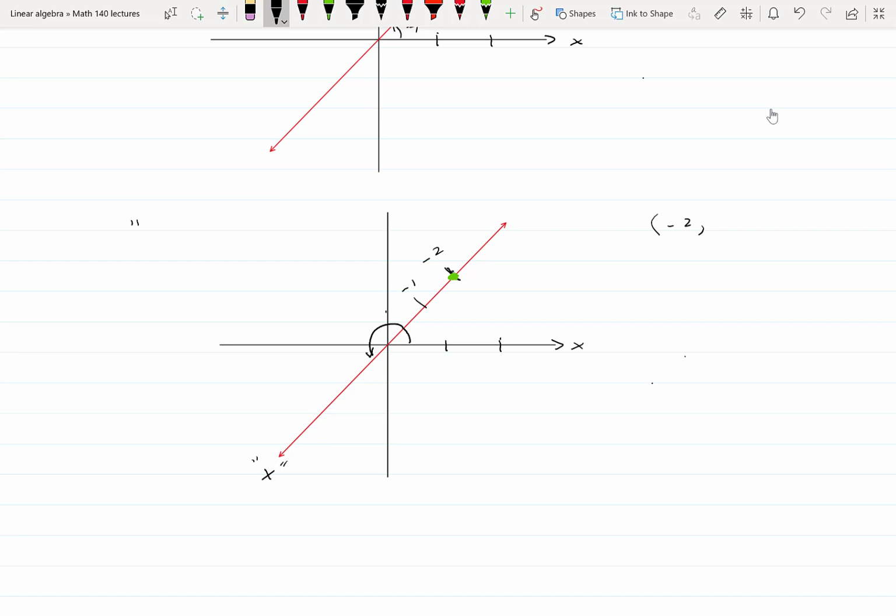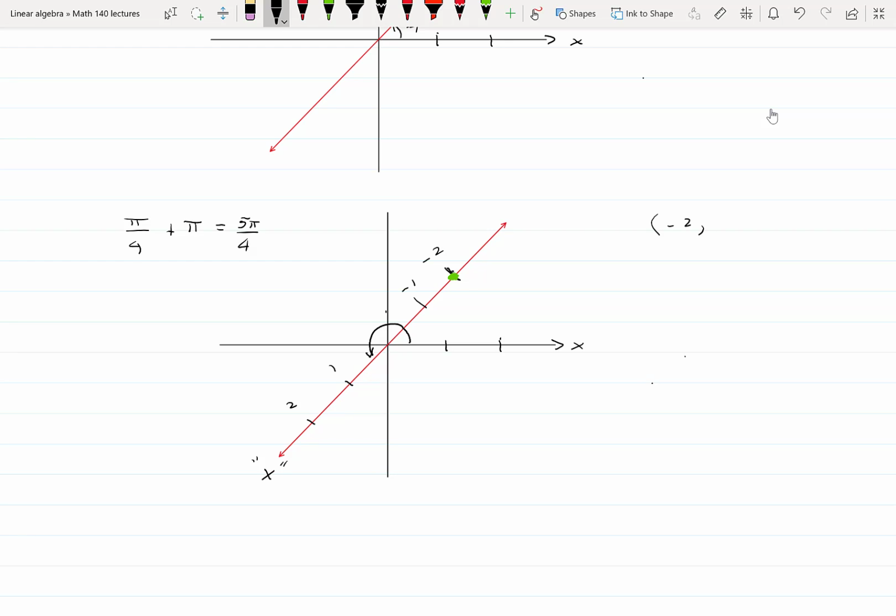If I take the angle of pi over 4 and push the x-axis another pi, not 2 pi, just 1 pi, then the positive values will now be pointing through the third quadrant. So here's x equals 1, here's x equals 2. Okay, that means -1 and -2 are x values on the rotated x-axis in quadrant 1.